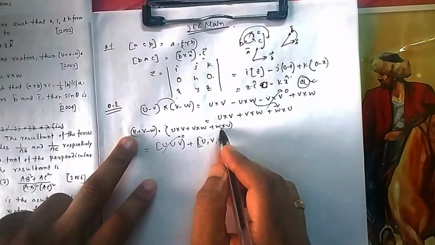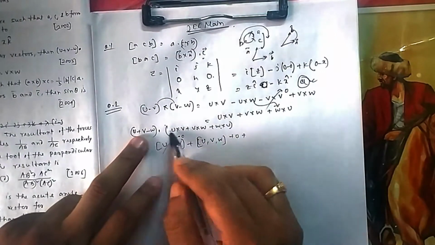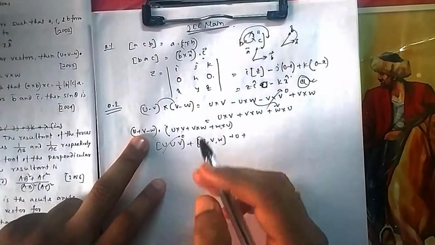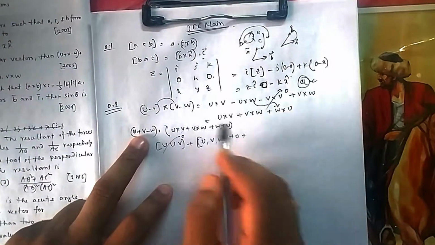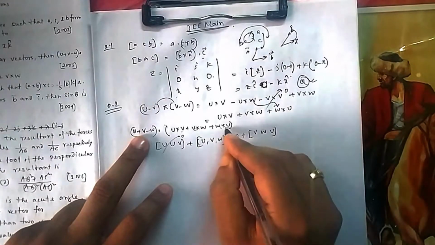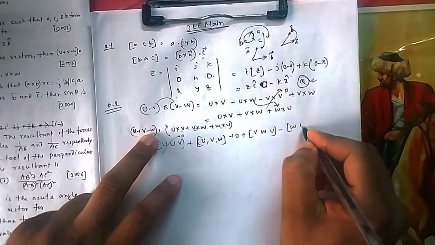Next will be box u w u, again that will be 0. Then with v dot this, v u v, again that is 0, because in a box if 2 items are repeating, then it is 0. v v w, that is also 0, so this will come v w u. Next u w v, that will also come, w u v.